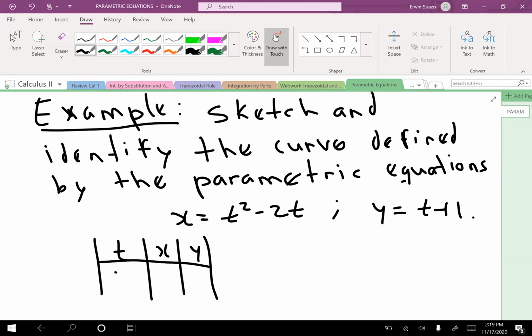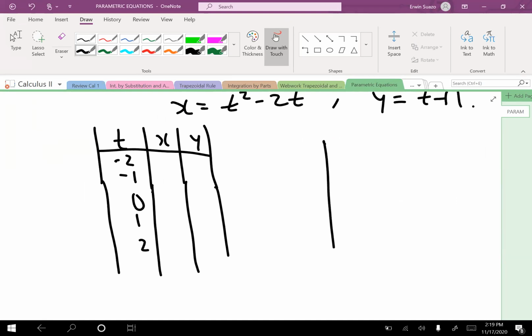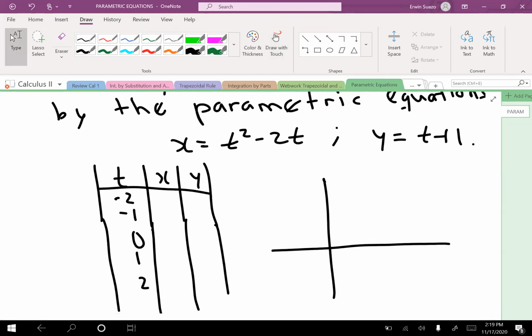You can choose -2, -1, 0, 1, 2, and then you plug in and graph it over here, and then you try to sketch the graph. Okay, so let me give you 5 minutes to try to sketch the graph by hand. Plug in and plot these points, evaluate these points, and then plot them on the graph.